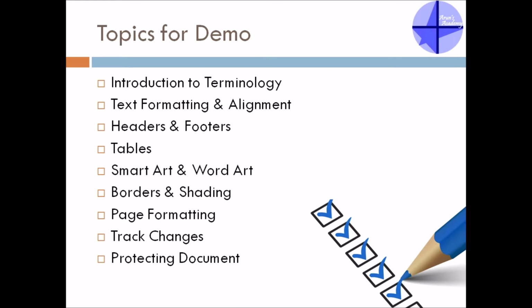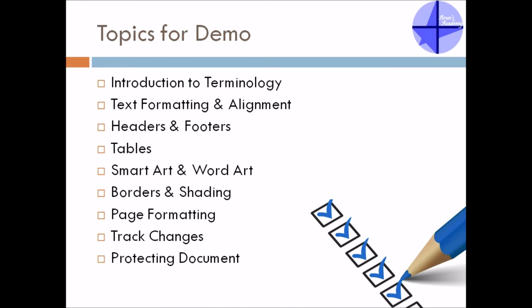The different topics which we will be covering in this session are introduction to the basic terminology of MS Word, text formatting and alignment, headers and footers, tables, smart art and word art, borders and shading, page formatting, tracking changes in the document, and finally protecting the document.